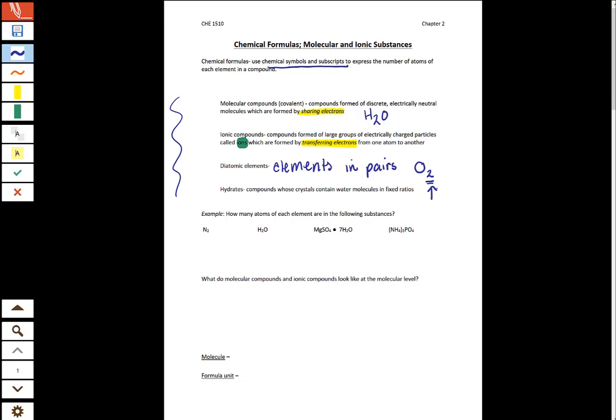So if we were to draw this pictorially, that's not meant to be an oxygen, that's meant to be a circle for an atom. We would draw 2 atoms connected together, and that would be our little pair of atoms that are traveling as a set. They do this because they're not stable on their own.